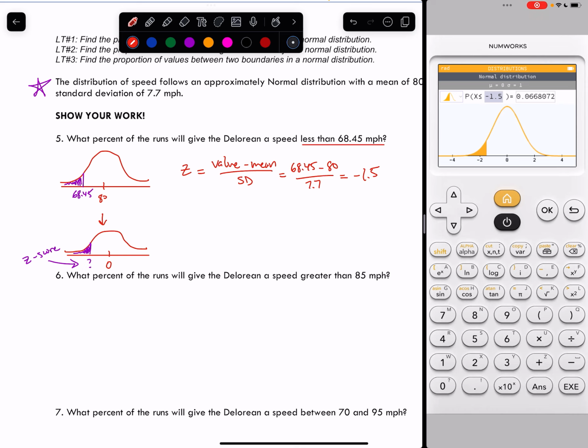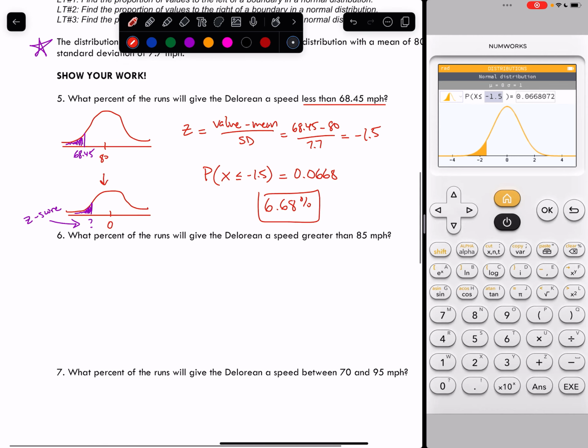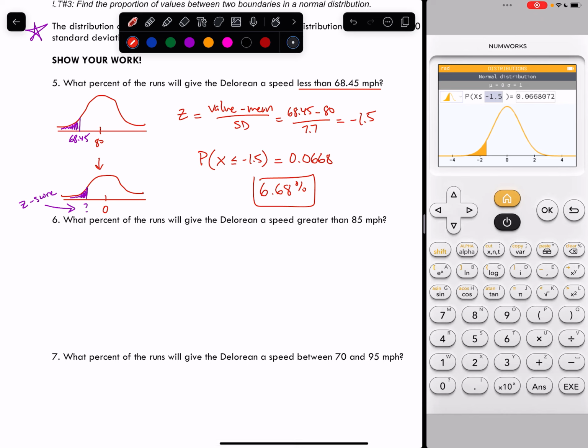And so again, if we go into my calculator, the probability of x being less than or equal to -1.5 was 0.0668, which is 6.68%. Okay, so that was question 5.